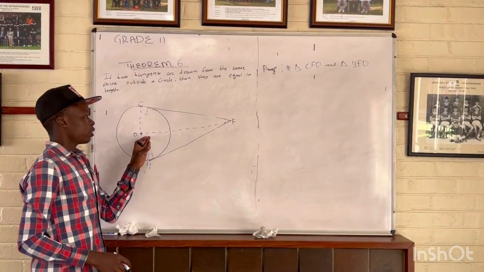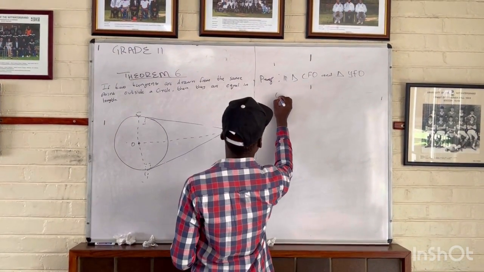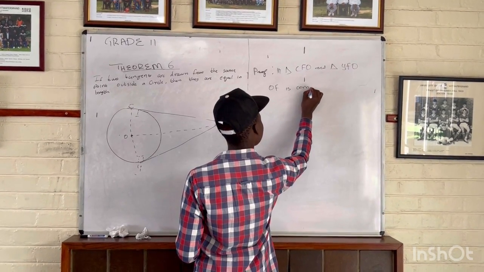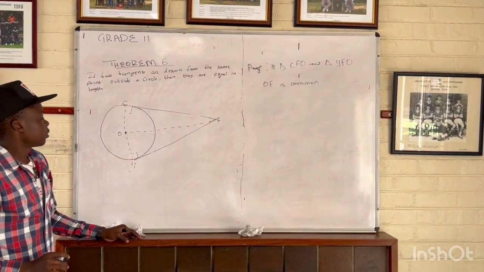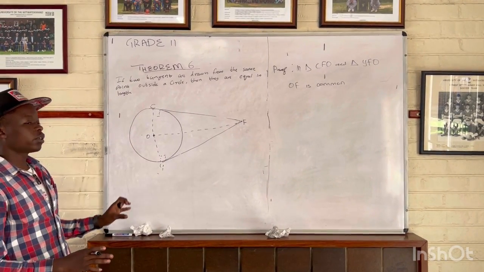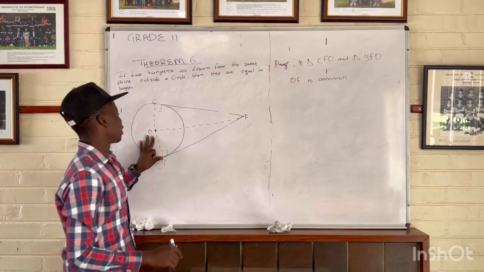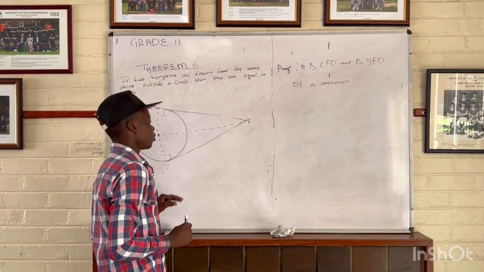In these triangles, OF is common. As we know, in a right-angled triangle we have the theorem of Pythagoras. It means that this is our hypotenuse, base, and opposite.